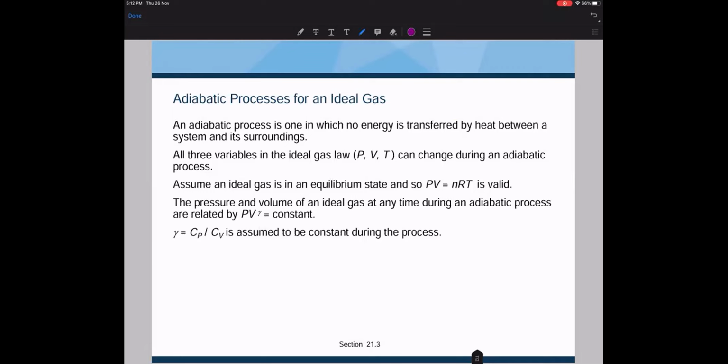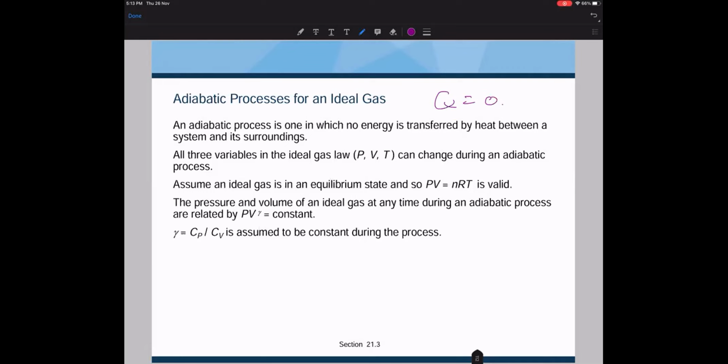Well, in the adiabatic process, according to definition, Q is equal to 0. So any internal energy change must be coming from the work done. In that case, we have to be more careful in our calculations. And let us try to analyze, at least in terms of discussion, what the situation is.